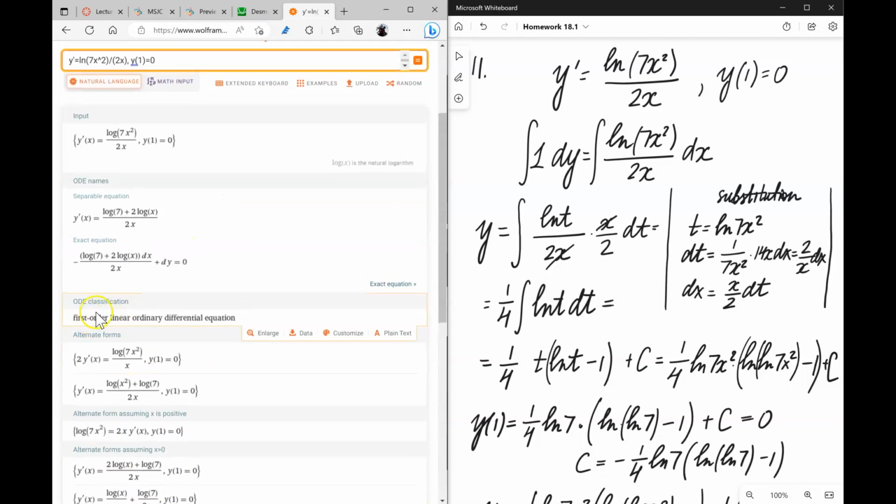Notice how Wolfram Alpha did classify this as a first order linear differential equation, but it didn't call it separable.